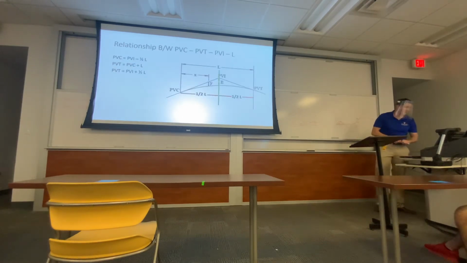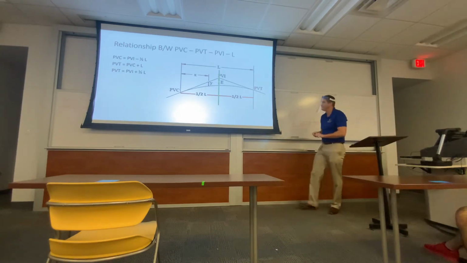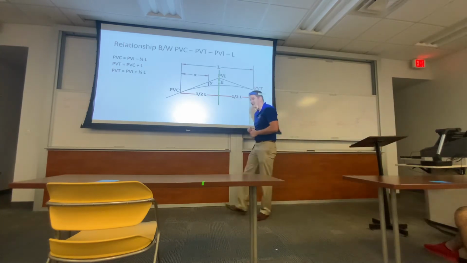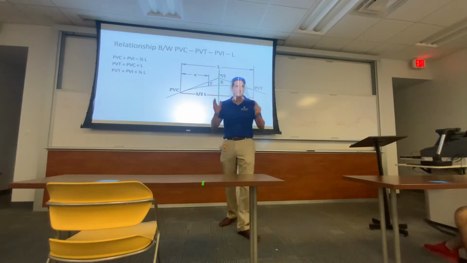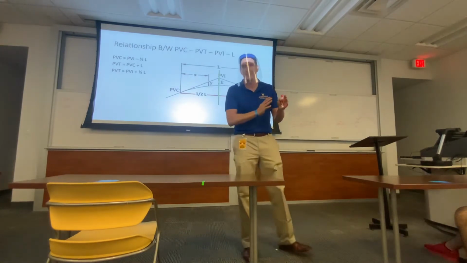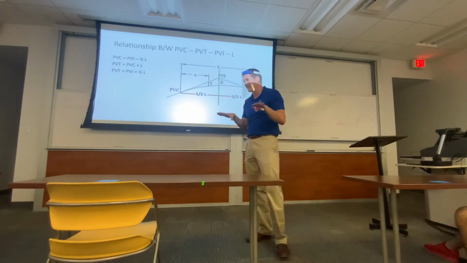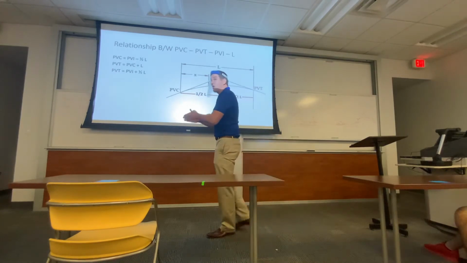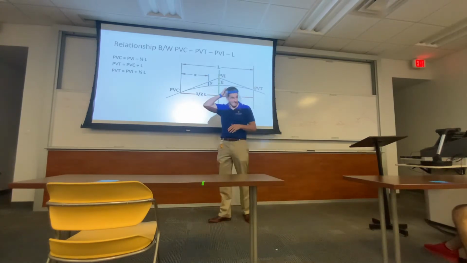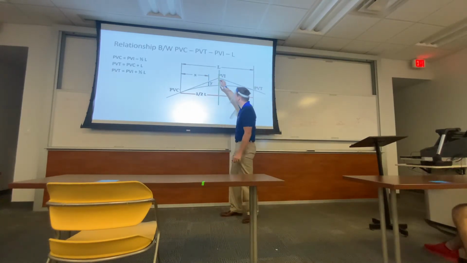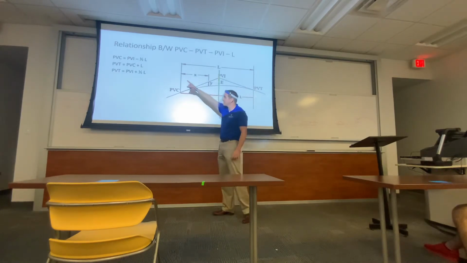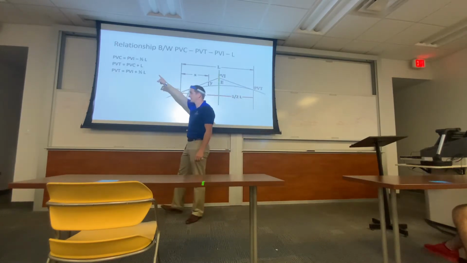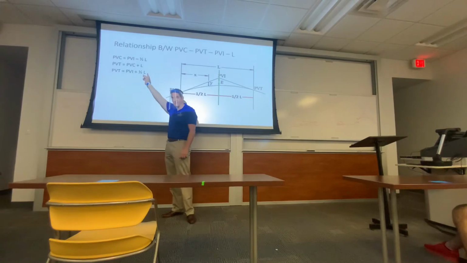Okay. So the length of curve is PVC to PVT, straight distance. We station along the length of curve. So the station for PVC equals the station for PVI minus 1/2 L. It's right in the middle.